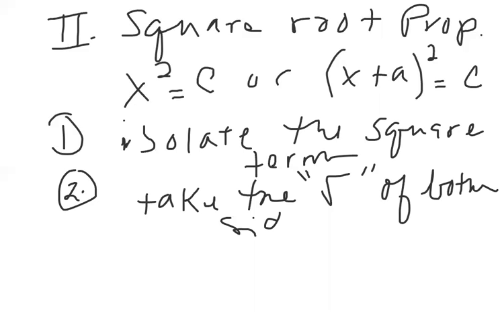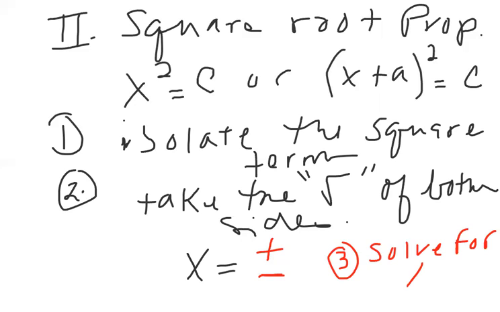Now, once you take the square root of both sides, here's where you need to be super careful. You got to remember this one, guys, okay? Whenever you take the square root of both sides, you're going to end up with a compound solution, as in x will equal plus or minus. Yes, guys, two solutions, plus or minus. You got to remember this, okay? And then step 3 is to go ahead and solve for x.